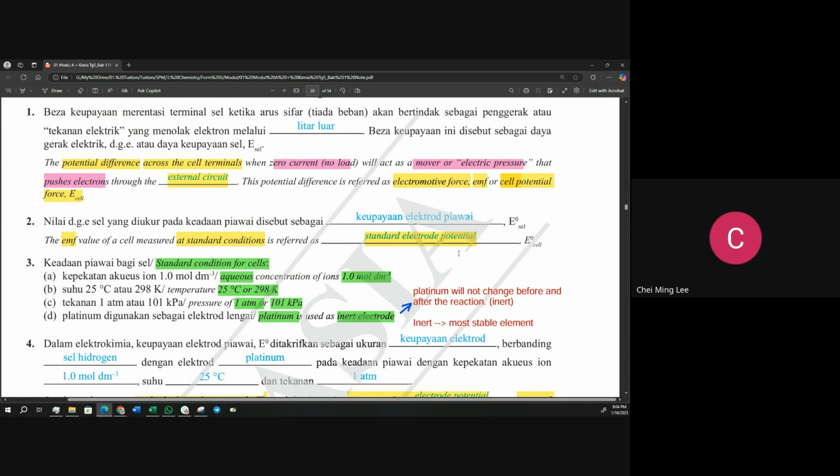Okay? So the electric potential difference is only coming from the electropositivity or electronegativity of the substance. Remember last class I think I provided you with an electropositivity chart.